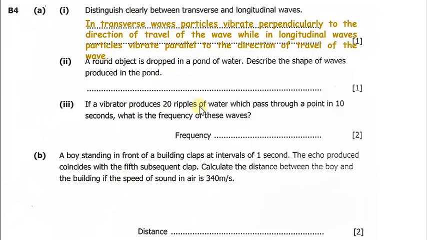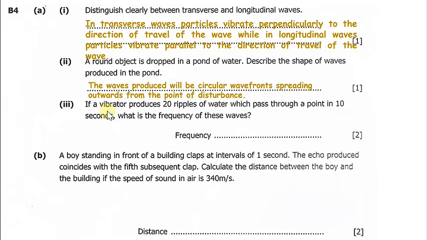So the waves produced will be circular wave fronts spreading outwards from the point of disturbance. When we say wave fronts, meaning they will be circles that are equal in distance from the point of disturbance. That's what we mean.